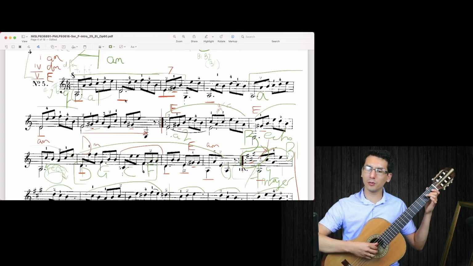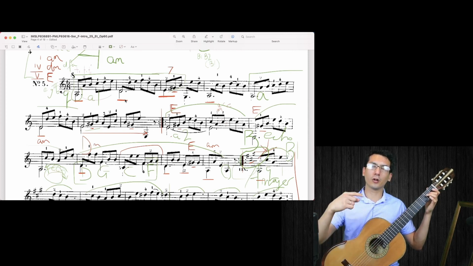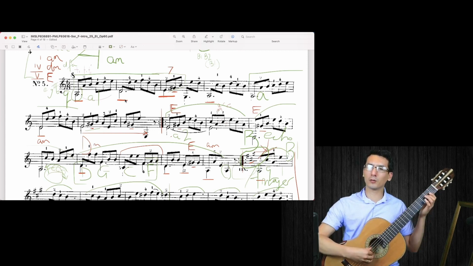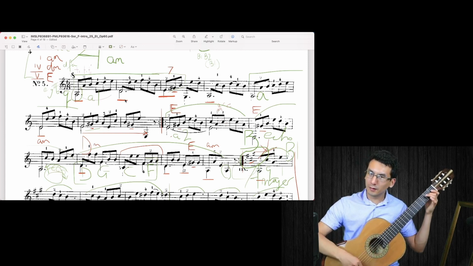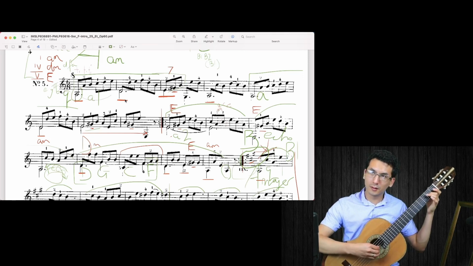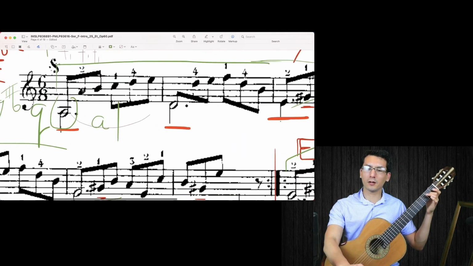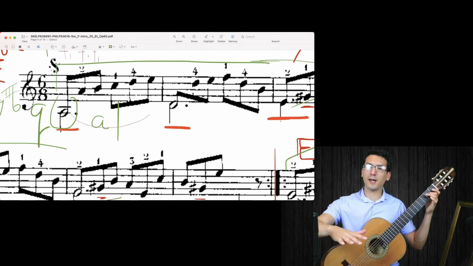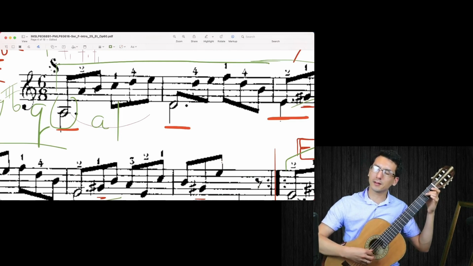So for example, we play the first note, this open A, that's going to decay, and we not only connect the decay with the attack of the next note, but you want to hear, if you have the time, the decay of both notes together. That's a really great legato. So if I play the 3 notes, we have 3 notes decaying all at the same time, if that makes sense.